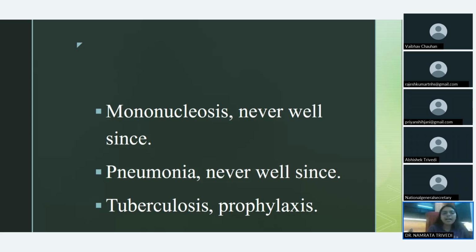We can also give carcinosin to a patient of pneumonia who has never been well since. We can give carcinosin to those who have tuberculosis, or as a prophylaxis in tuberculosis, with any family history of tuberculosis or exposure to tuberculosis bacteria.